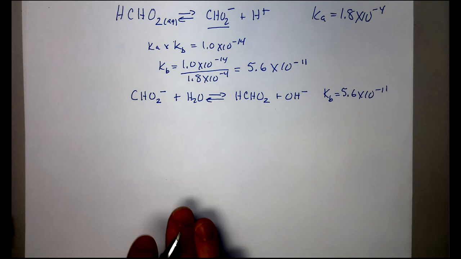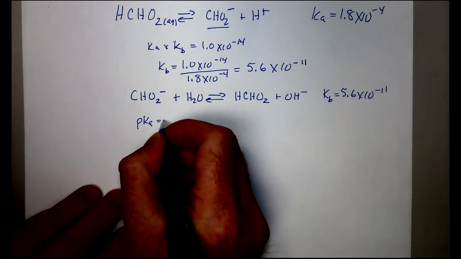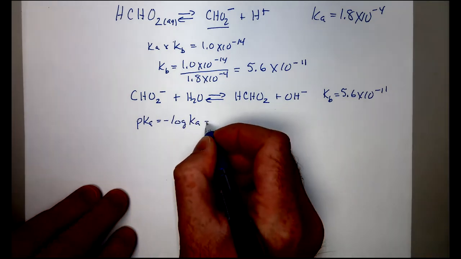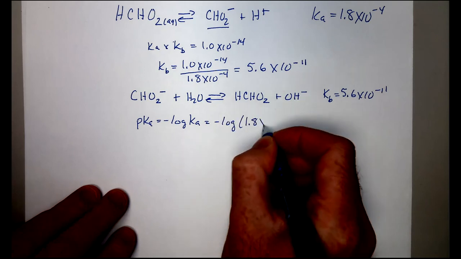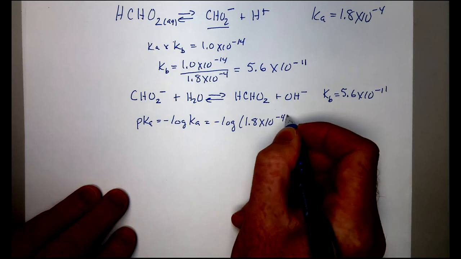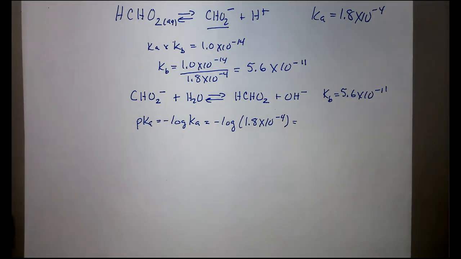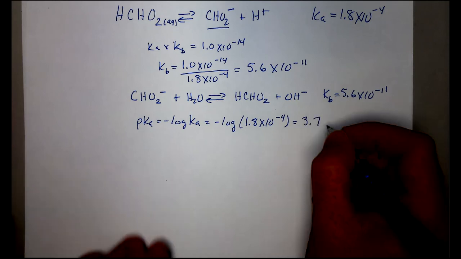We got two more things to calculate. We're going to have the pKa and the pKb, so negative log of Ka. So that's going to be negative log of 1.8 times 10 to the negative 4th. And so we're going to run that through our calculator. And we'll get 3.7.